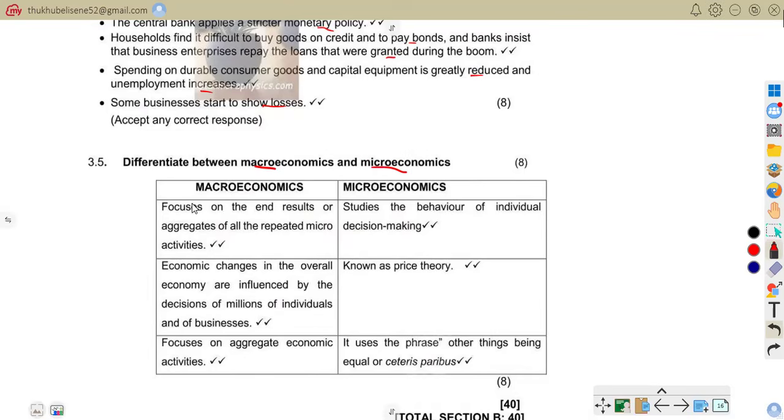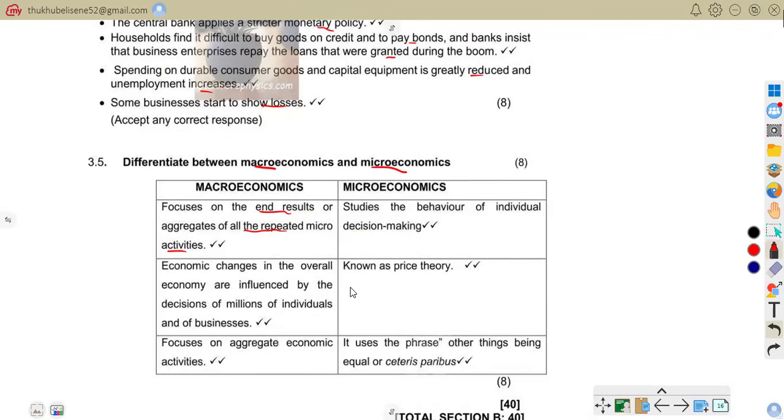As it says, macroeconomics focuses on the end results or aggregates of all repeated micro activities. Meaning to say, macroeconomics looks at the total outcome of all individual economic activities combined. But we look at the whole economy.